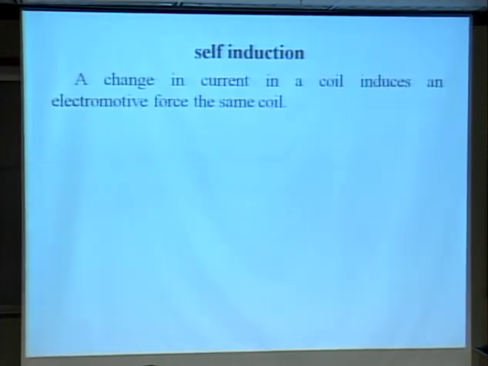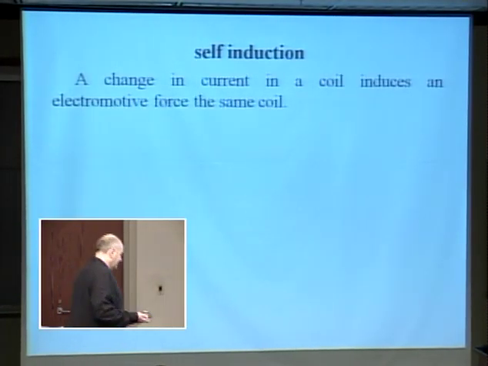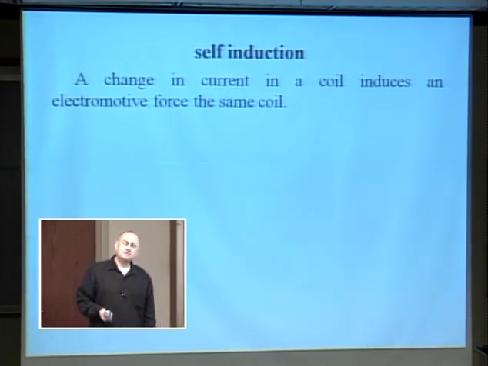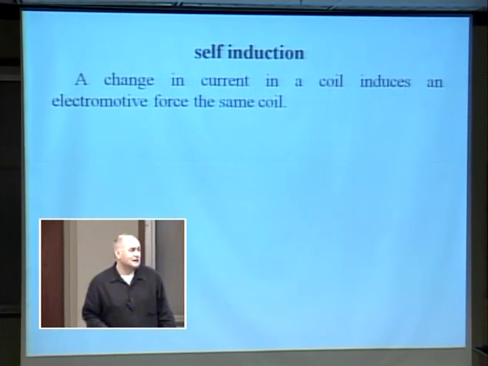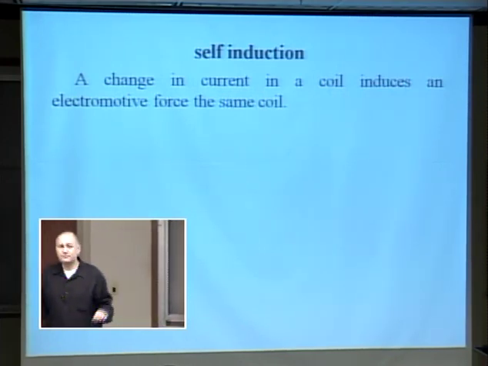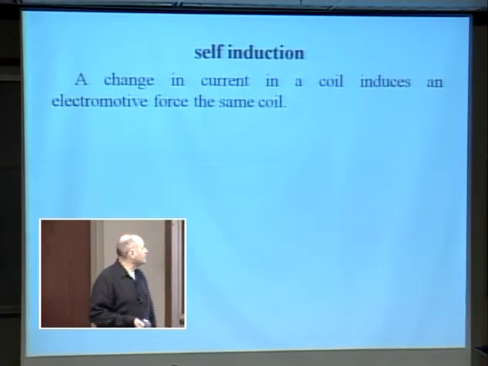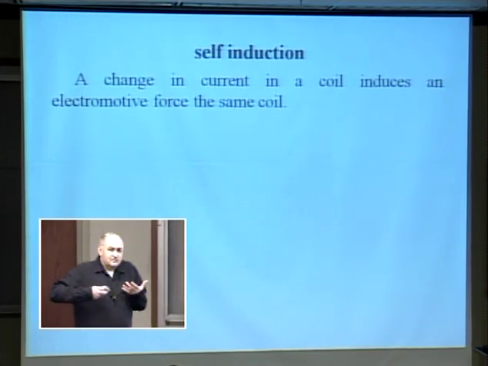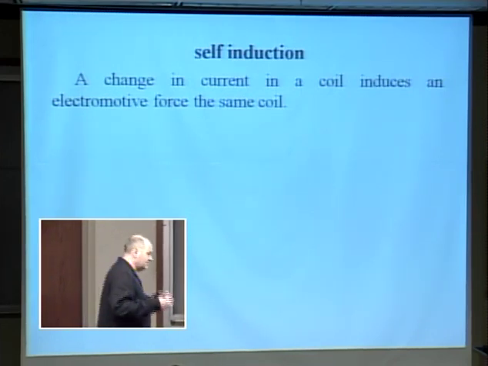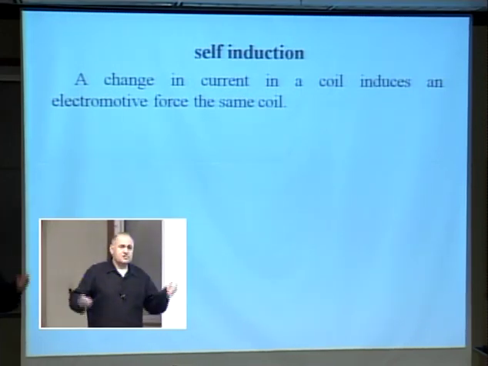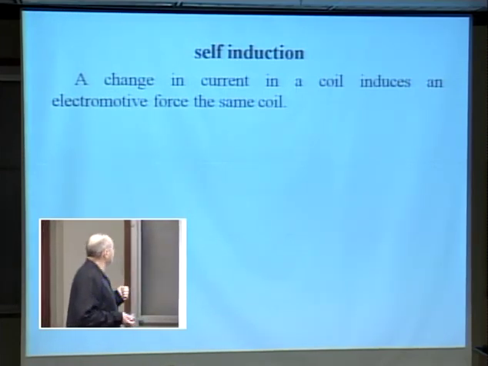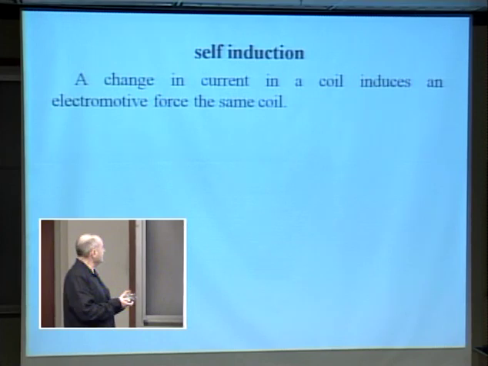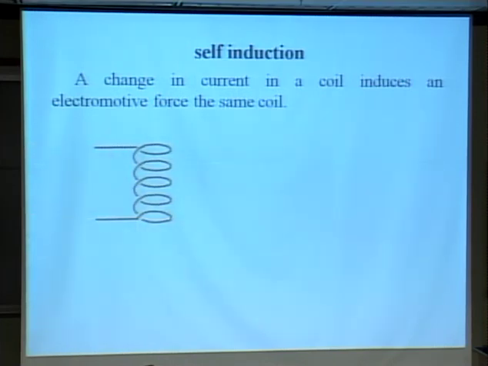Now, self-induction is very similar to induction, except that the current flowing in a coil actually produces electromotive force in the coil itself. The appearance of electromotive force in the same coil in which the current varies is called self-induction.